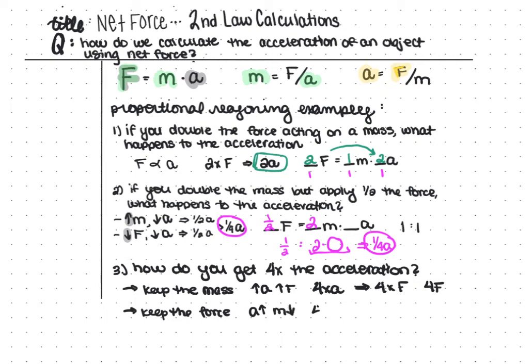So 4 times the acceleration, the opposite of that, or the inverse, would be 1/4. So in that case, I could use 1/4 the amount of mass. Either of these changes, keeping mass or keeping force, would allow me to quadruple my acceleration.